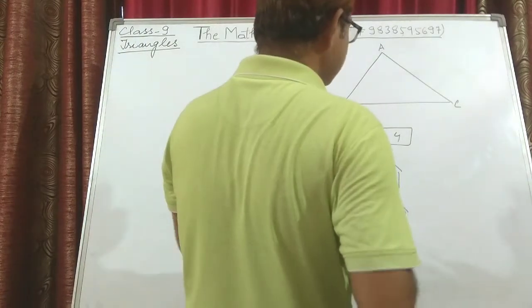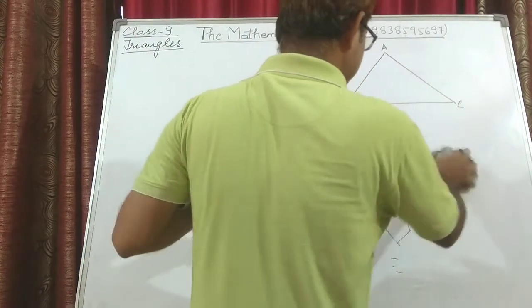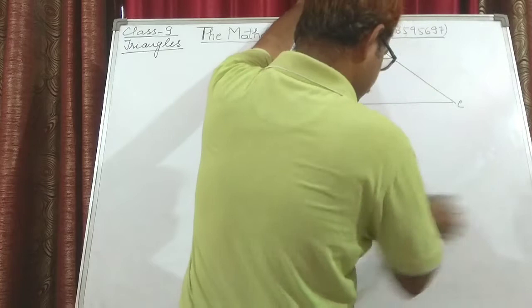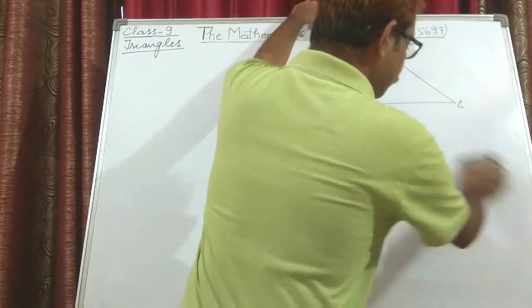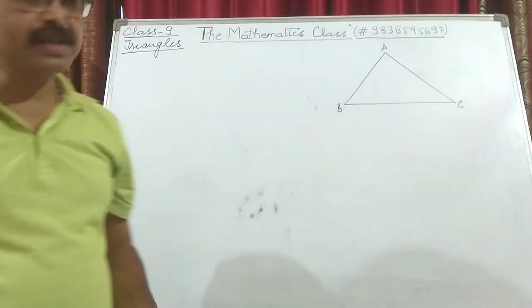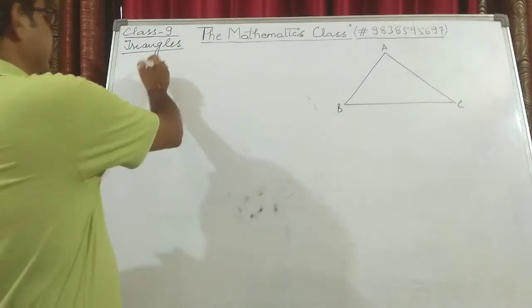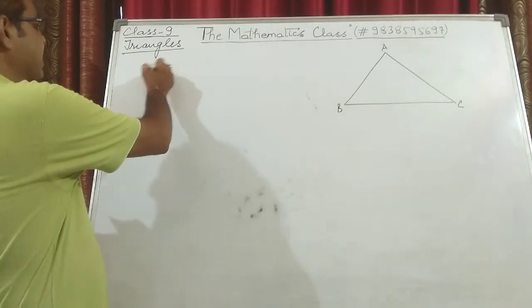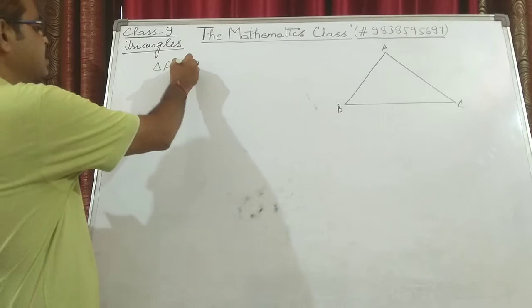Now triangle is a plane figure or a closed figure bounded by three straight lines, which in this case is written as triangle ABC.